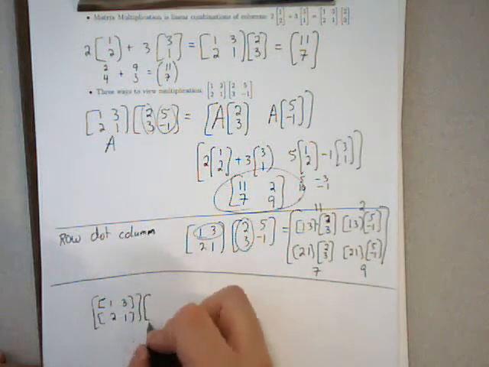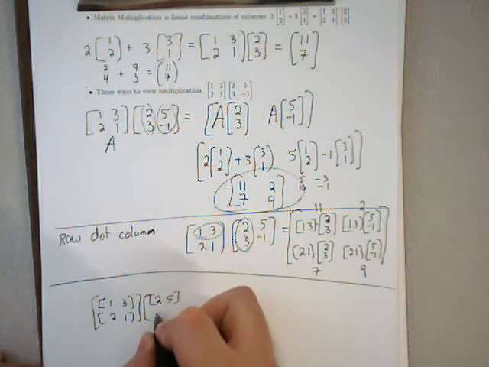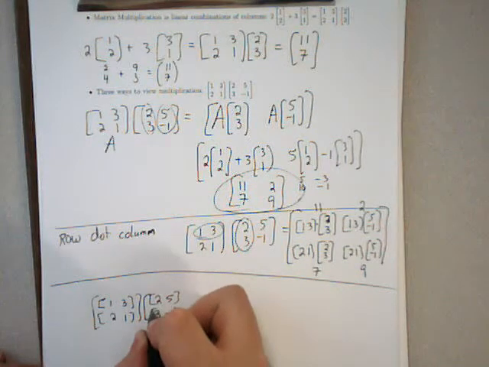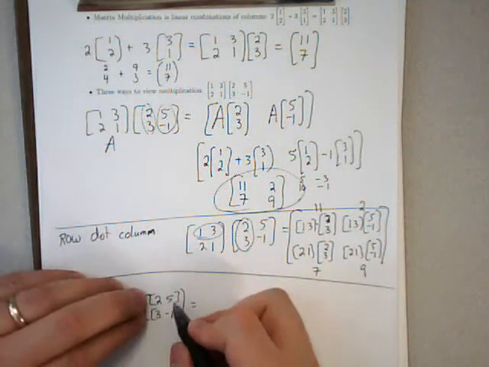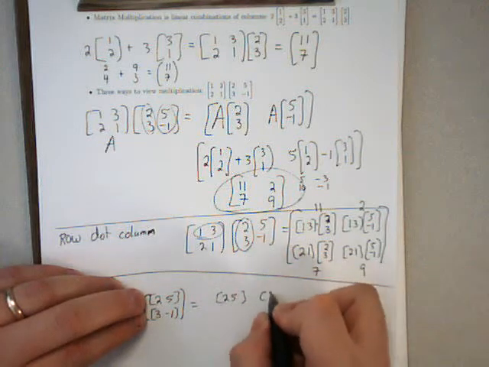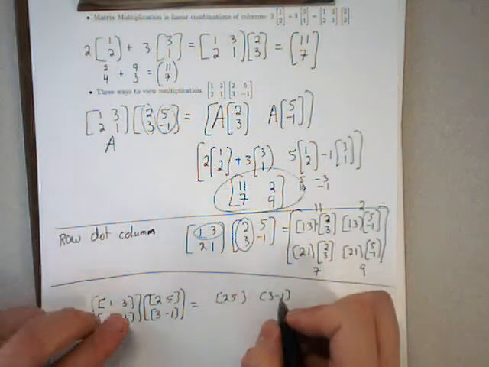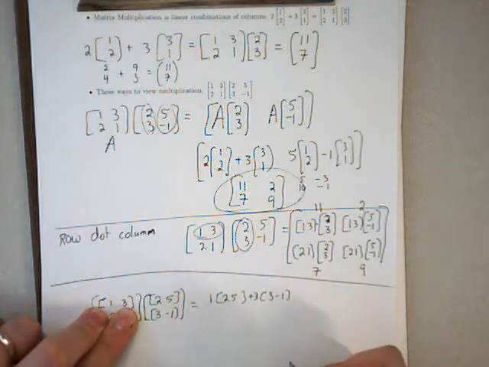There's our first matrix. And then we're going to take the 2, 5 and the 3, negative 1. Think of everything now as row vectors and create linear combinations of 2, 5 and 3, negative 1 by using the numbers 1 and 3 to form the linear combination.